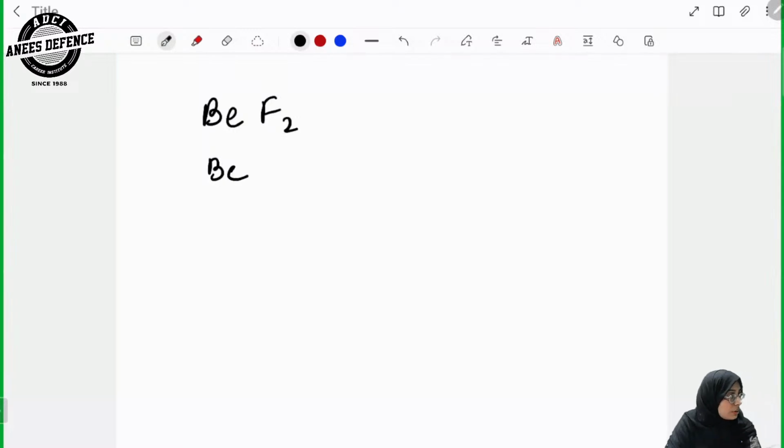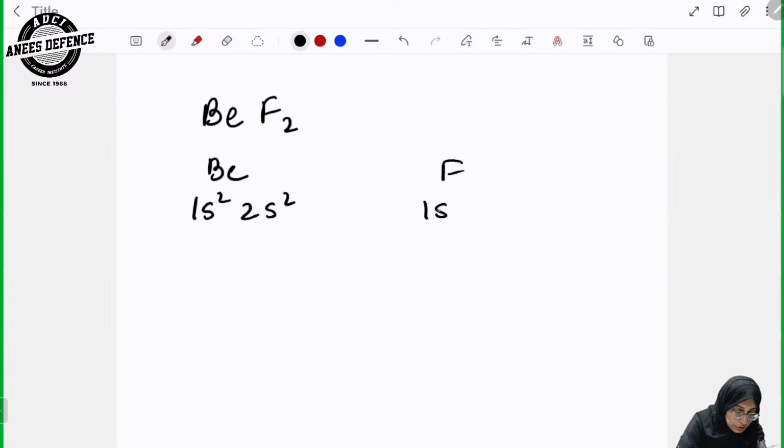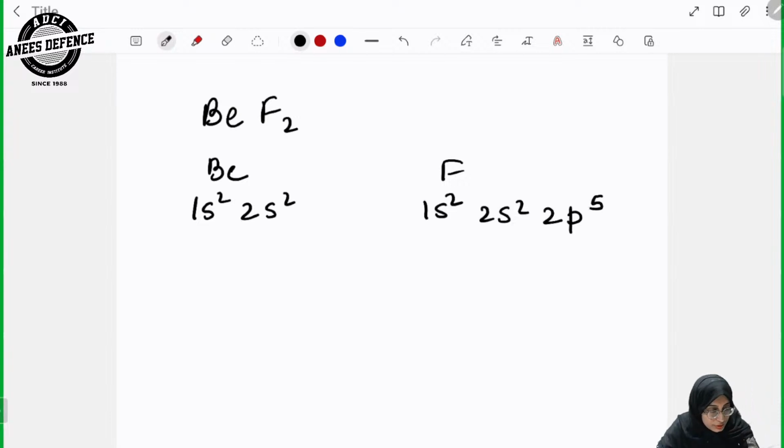Be is 4: 1s2, 2s2. Fluorine is 1s2, 2s2, and 2p5. So one beryllium atom bonds with the two fluorine atoms, BeF2.